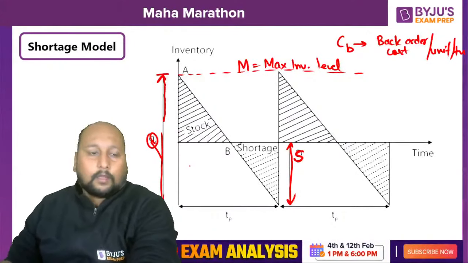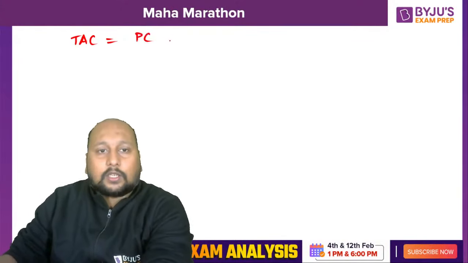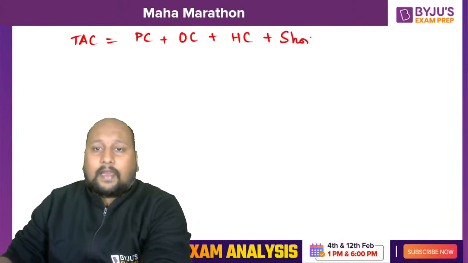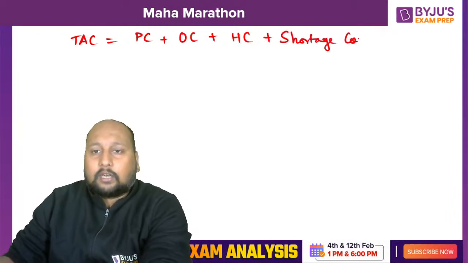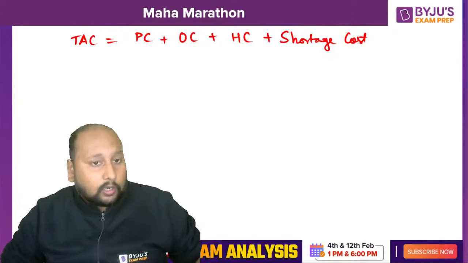How many number of costs? If I talk about total annual cost, we'll be having the purchase cost, the ordering cost, the holding cost, along with that the shortage cost. There will be 4 different costs associated in the shortage model.